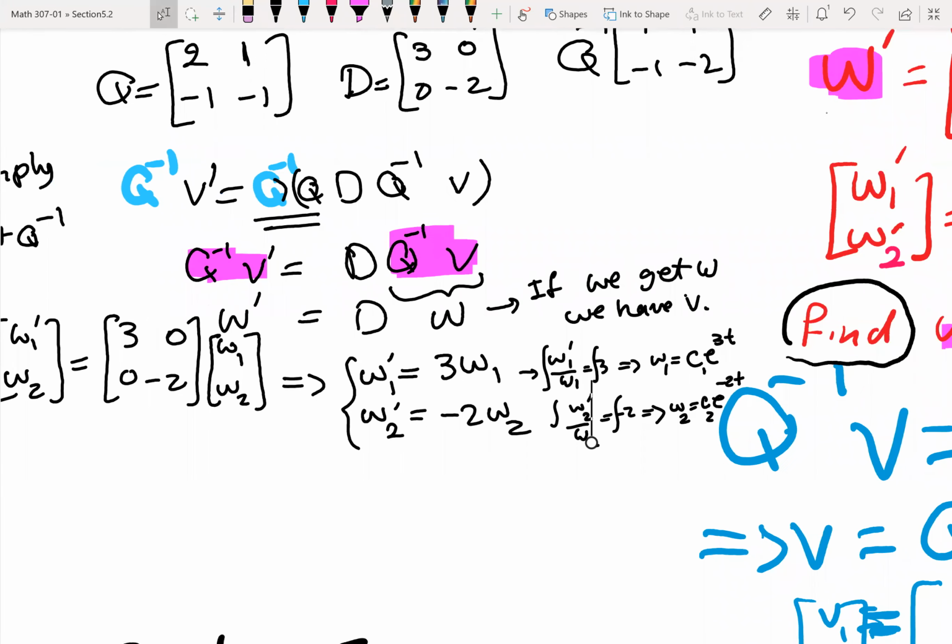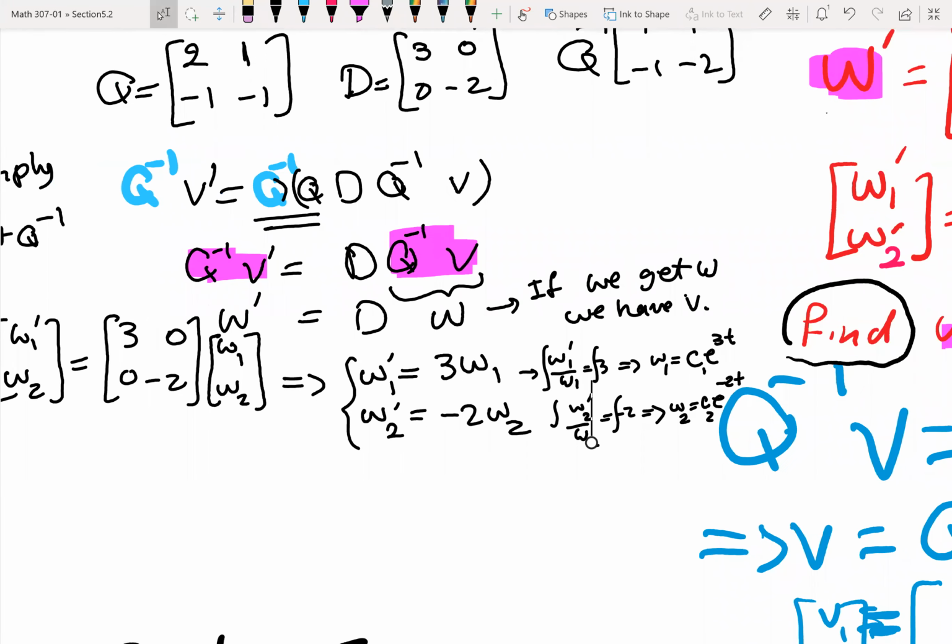Okay. So as we had right over here, let me just highlight it. That's the relation between W and V. So your V has to be Q times W. So your V is Q, which is 2, negative 1, and 1, negative 1, times the W's that you got, which are C1 e to the 3t and C2 e to the negative 2t.